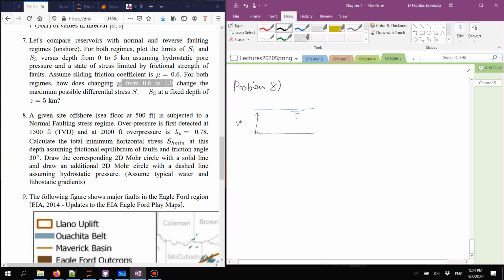And the interpretation of this problem number 8 would be something like this. You have 500 feet of water depth, and you need to calculate the stress at depth. Let me read this problem.